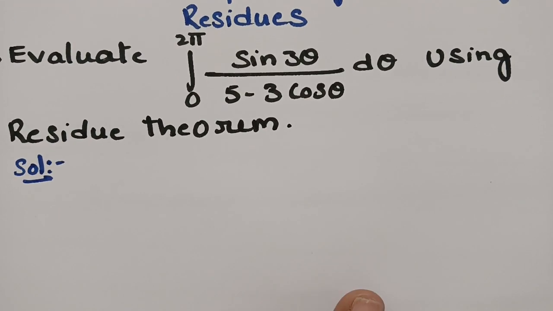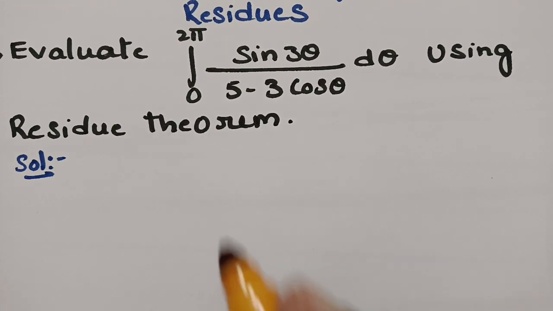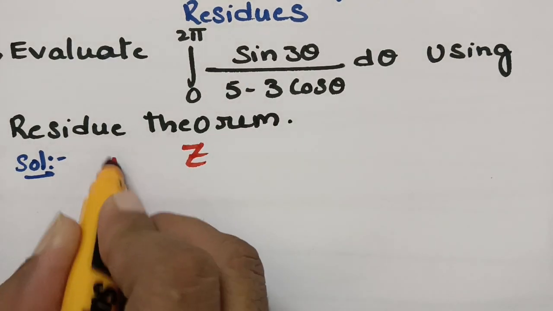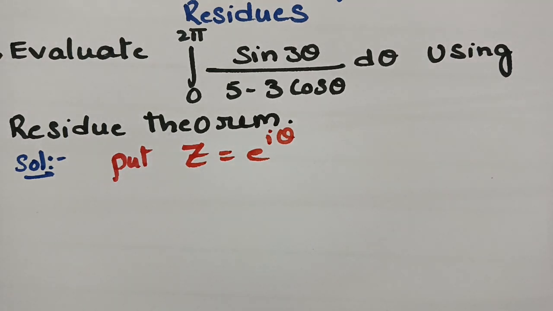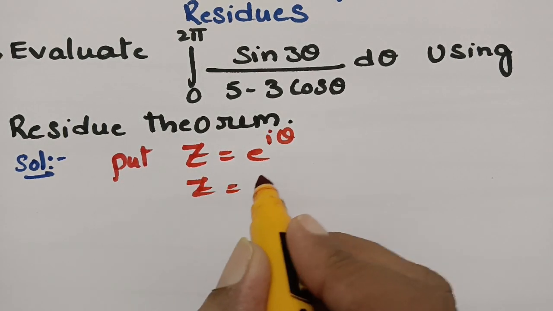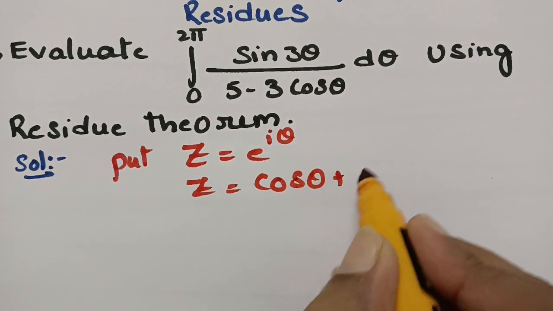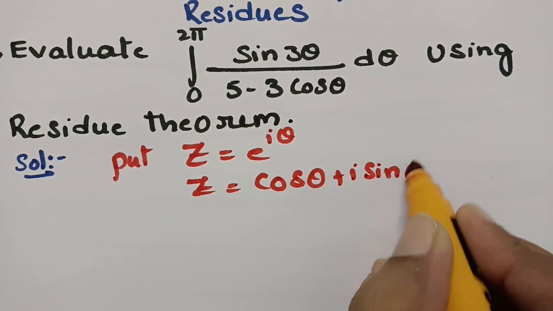In order to solve this, first of all, we have to put z equal to e power i theta. Clear? And e power i theta is nothing but cos theta plus i sin theta.